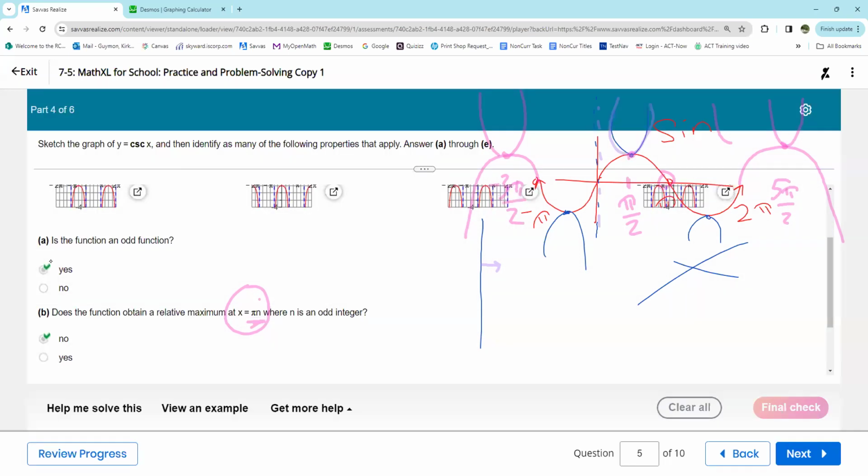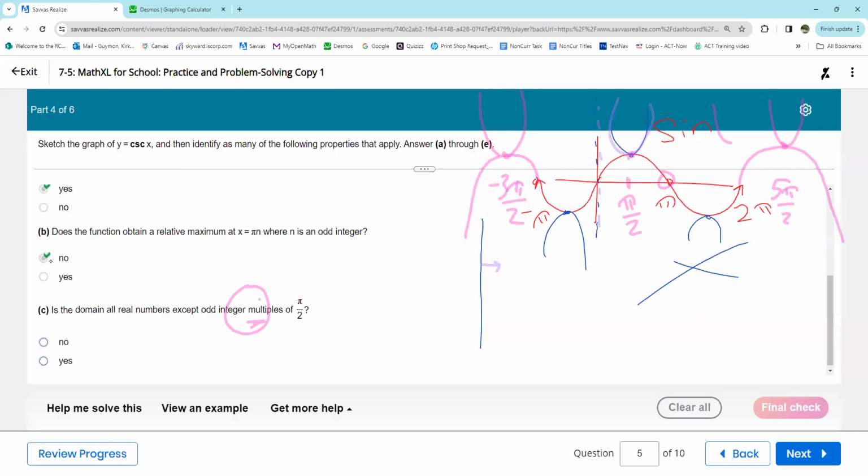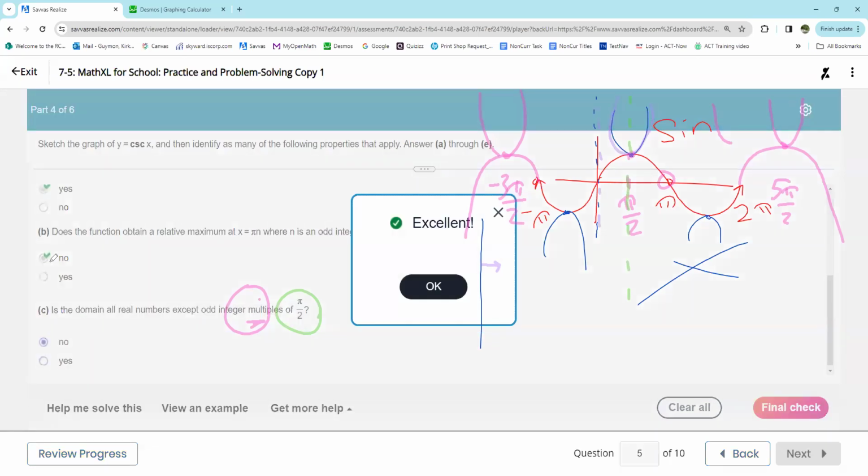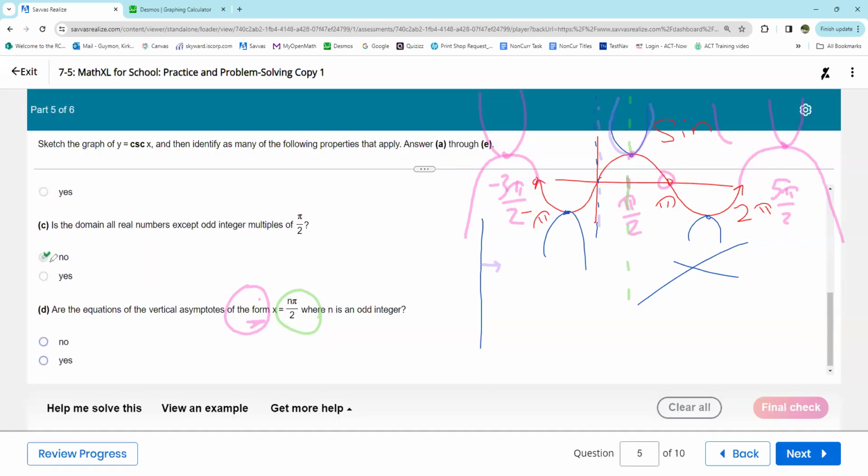So then, is the domain all real numbers except odd integer multiples of pi over 2? What this is saying is, are my asymptotes at the pi over 2's? So pi over 2 being right down here, no, that's not an asymptote. That's a minimum point on my graph, so no. And then D, are the equations of the vertical asymptotes at the pi over 2's?